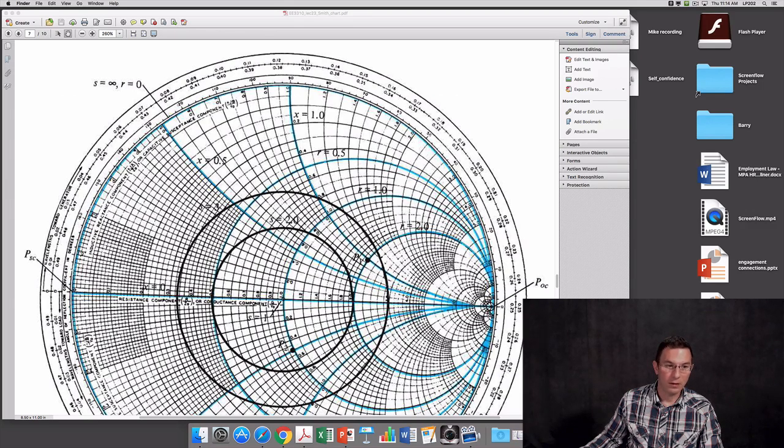The outer one, that's r equals 0. And here is r equals 0.5, r equals 1, etc. And then all of these other circles are reactance circles, and they're labeled here. So this is x equals 1, this is x equals 0.5, etc.